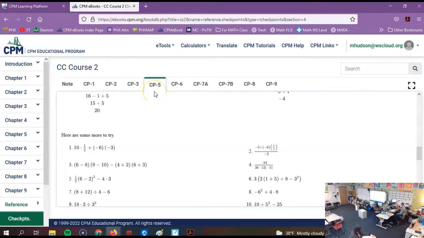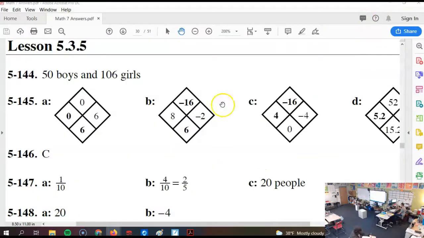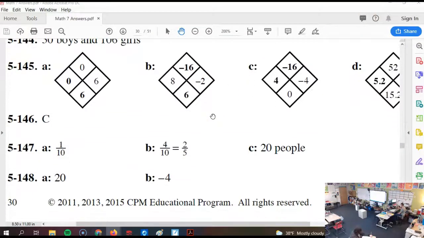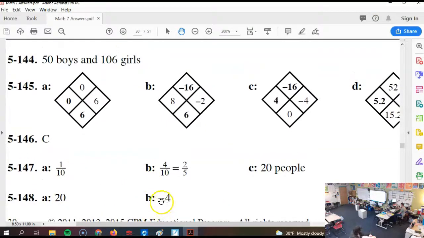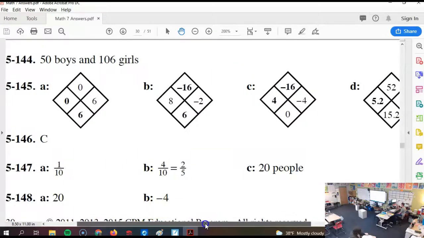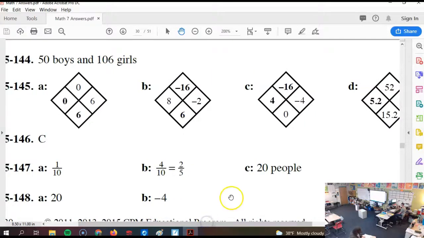So I don't think I'll be able to link this. I'll just link the ebook. But going back to the answer key, our answers for 148 were 20 and -4. So if you did not get those answers, we probably need to re-solve those problems. There's probably an order of operations issue.